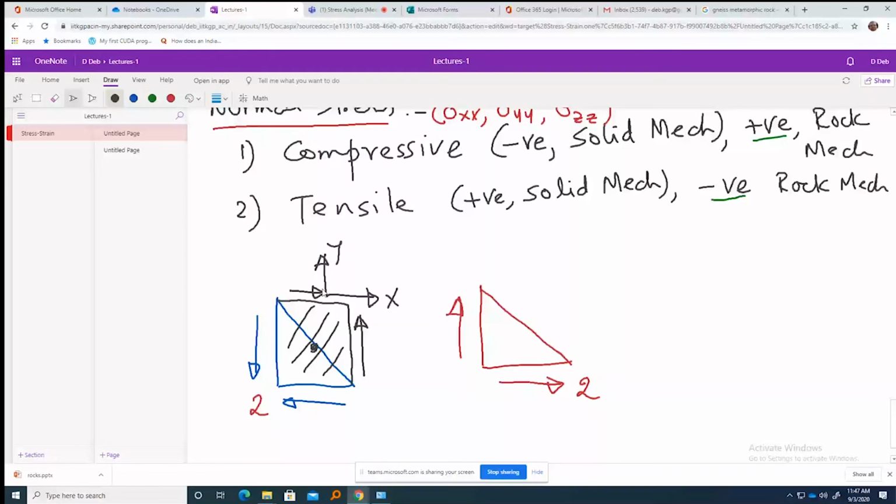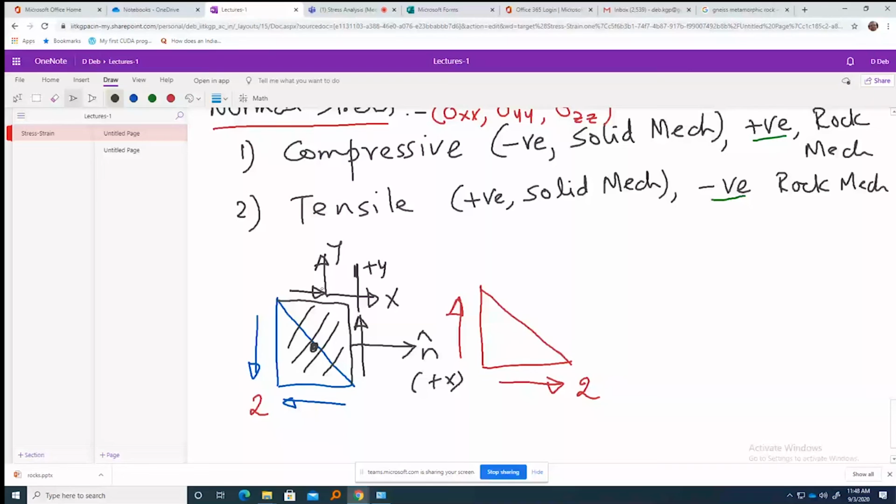Now you see this shear stress is acting towards positive y-axis. And the outward normal of this plane is also towards positive x. Then this shear stress will be called a positive shear stress by solid mechanics people.